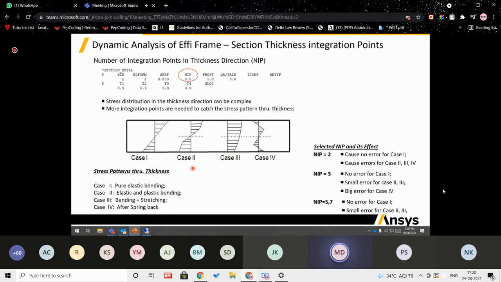So 5 can capture these two cases pretty well, and this one it can capture without any error. That's why I have used it, and you can even try with 7 to check whether your results are varying or not. So that was pretty much the basics and dynamic analysis. Now if we have any questions, we can discuss.